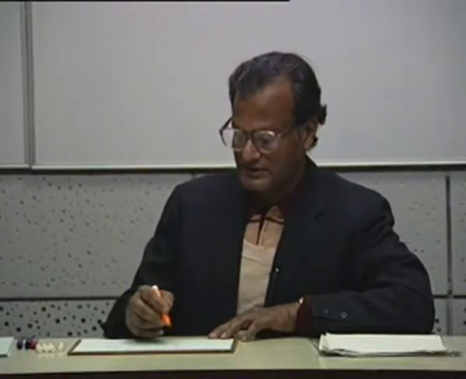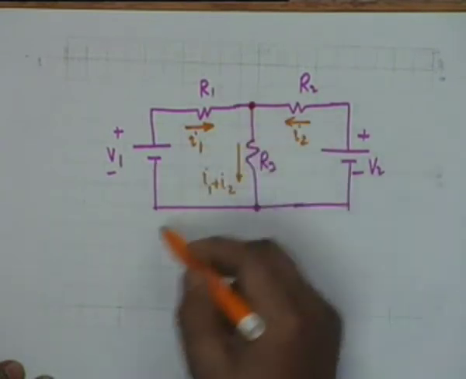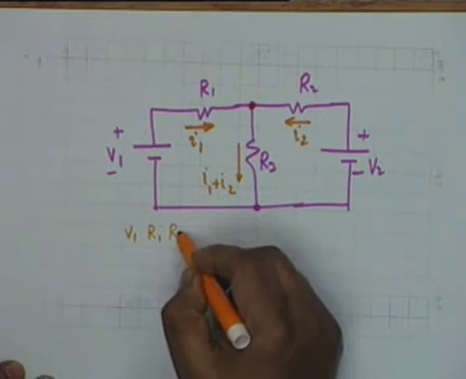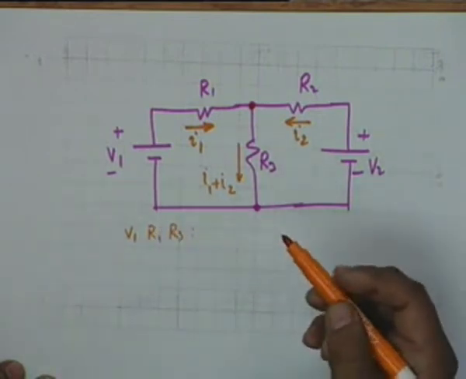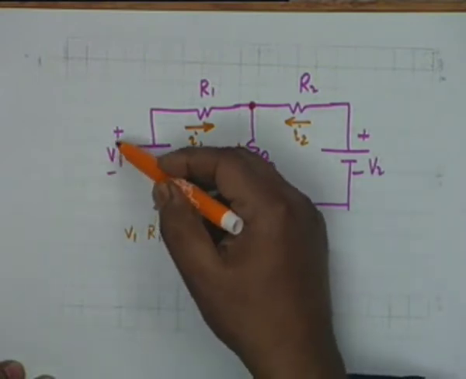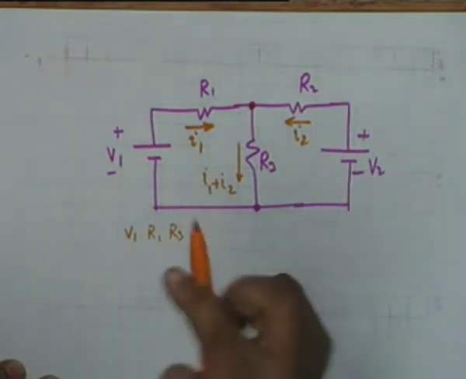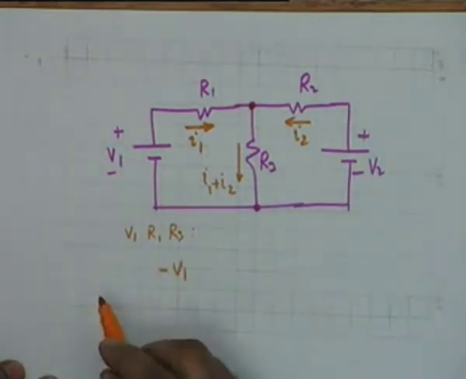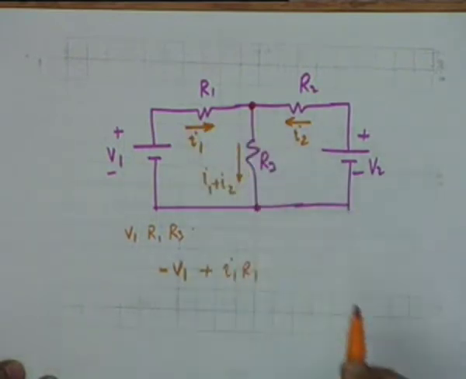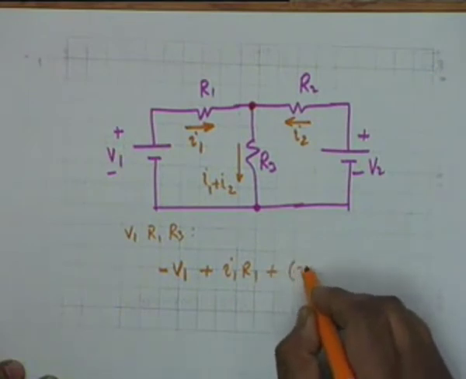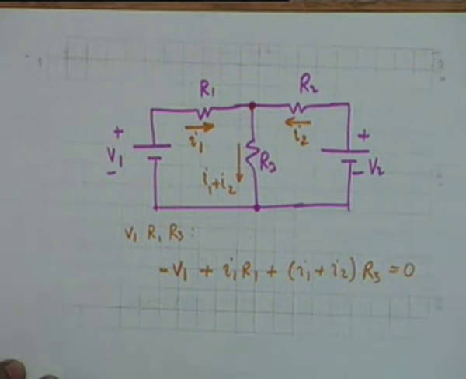That is, what you do is take this circuit first, this loop V1 R1 R3. In this loop, if you consider minus to plus as positive, then you start with minus V1 plus I1 R1, the potential drop across R1, plus (I1 plus I2) times R3, and this should be equal to 0.